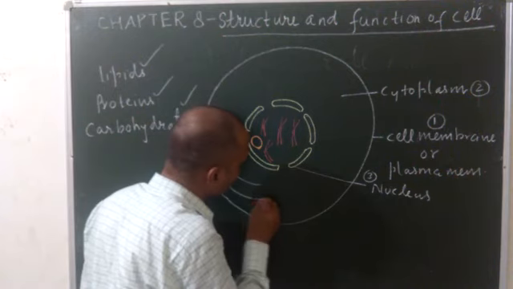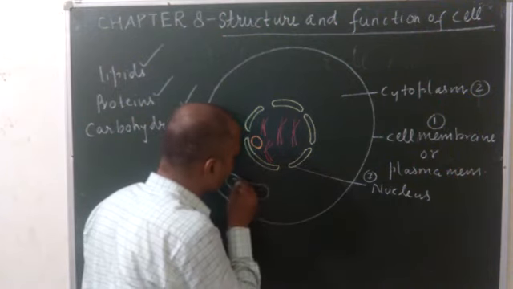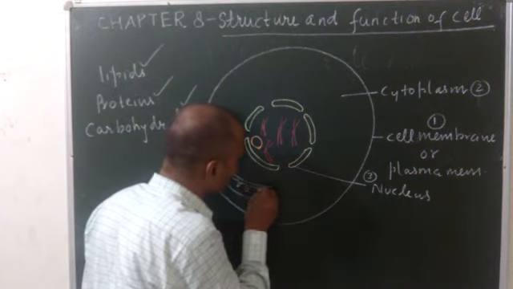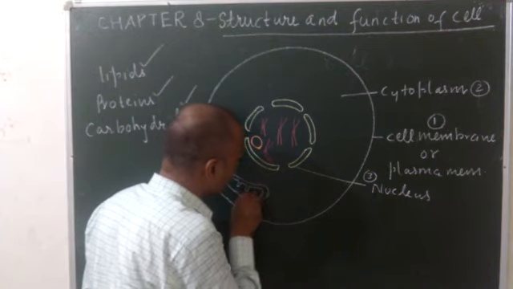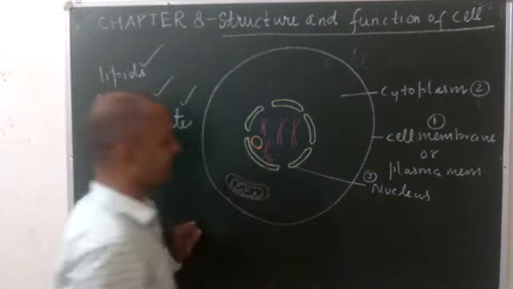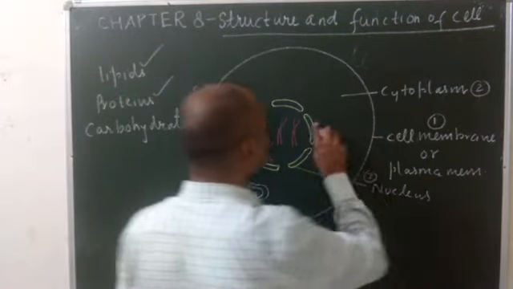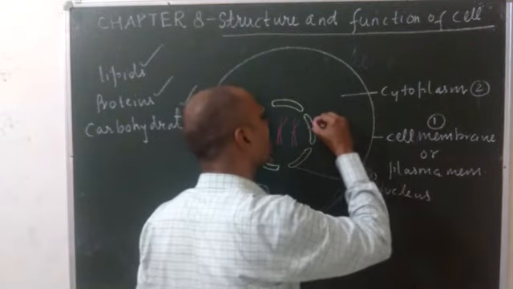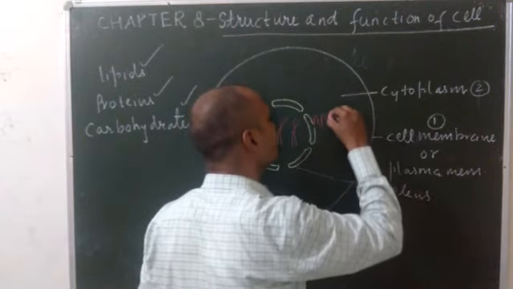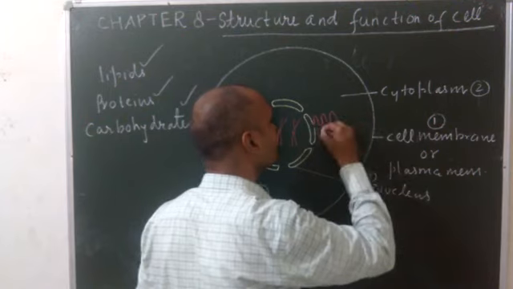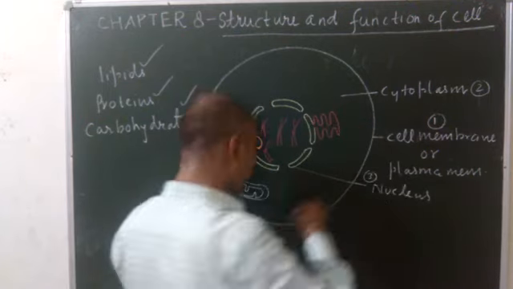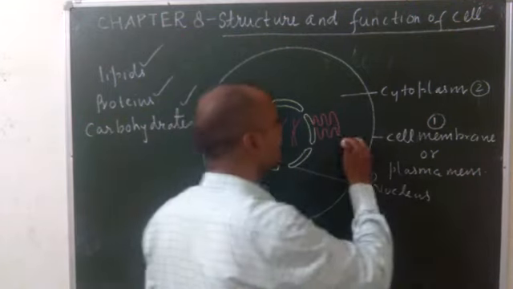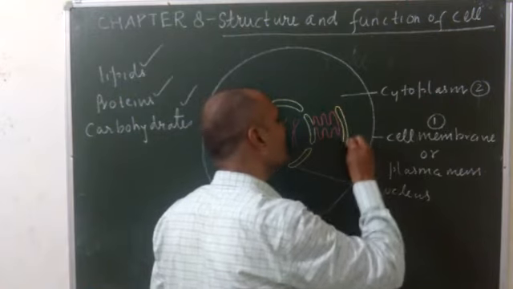These organelles are mitochondria, Golgi body, endoplasmic reticulum, plastids, etc. These structures are known as cell organelles present inside the cell.